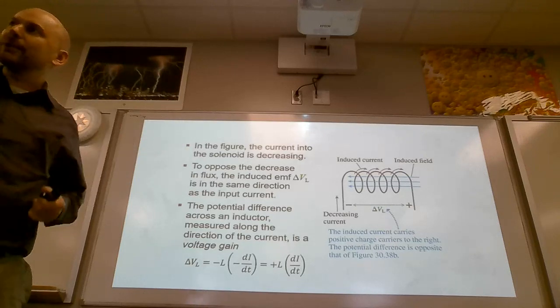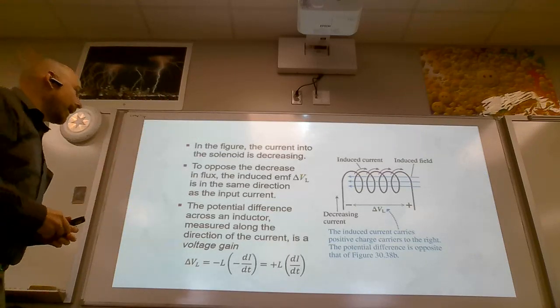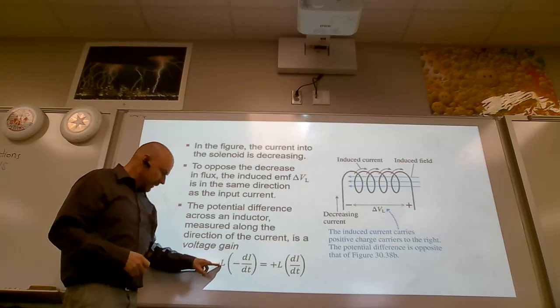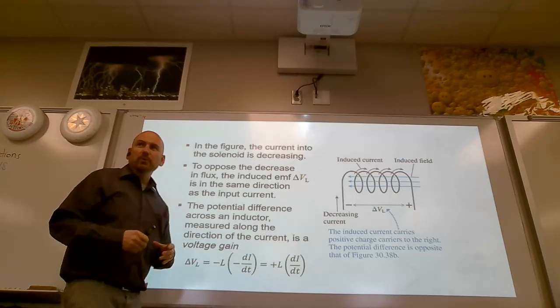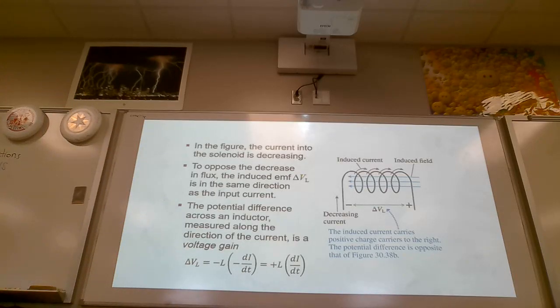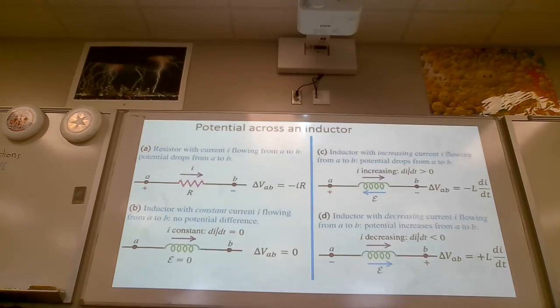Like, don't change it, keep going forward. And if there's a negative in the equation, this becomes a voltage gain. This acts like a temporary battery. Similar to a charged capacitor, it has a voltage gain. Does that make sense? Okay, it's like, come on, let's keep going.